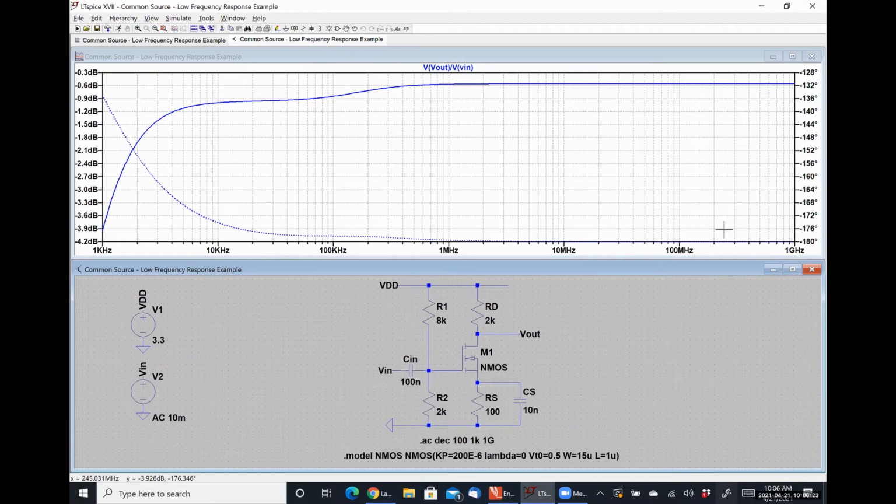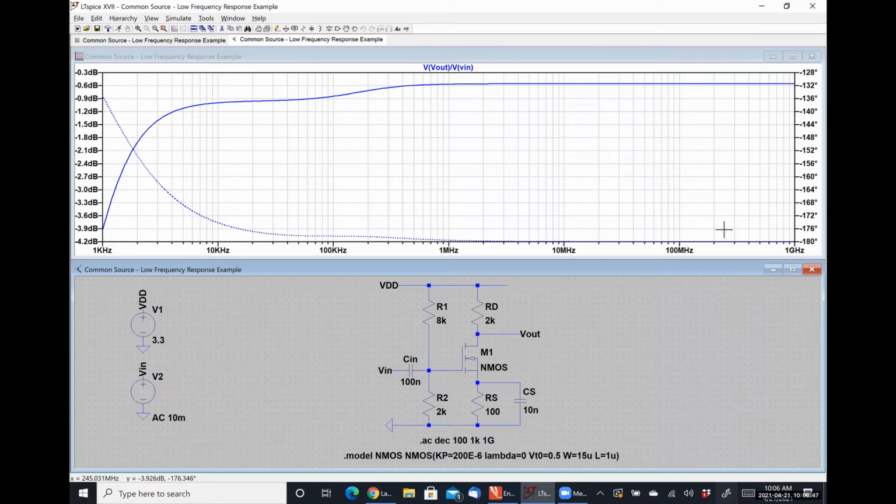So 166 kilohertz would be somewhere around here. So we are seeing some roll off in that region, so that seems reasonable. And then we see that pretty shortly after that point, it starts to flatten out. That's from the contribution of our pole. At about 1 kilohertz, we see that this slope is getting very, very steep.